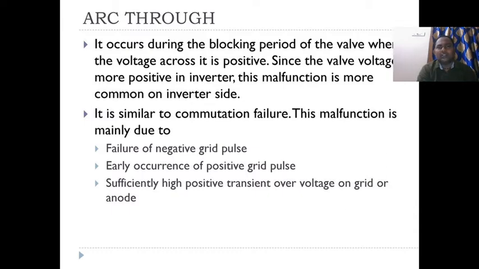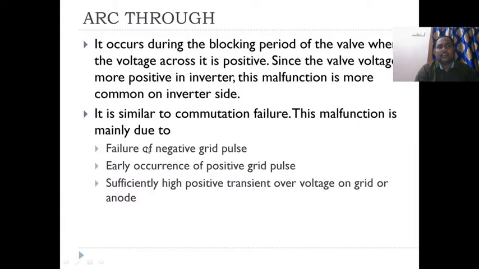We know that commutation is a current transfer from one valve to the next valve. If the commutation fails, the current transfer fails, and there is a malfunction in the operation that causes severe problems in the system. It is similar to commutation failure.